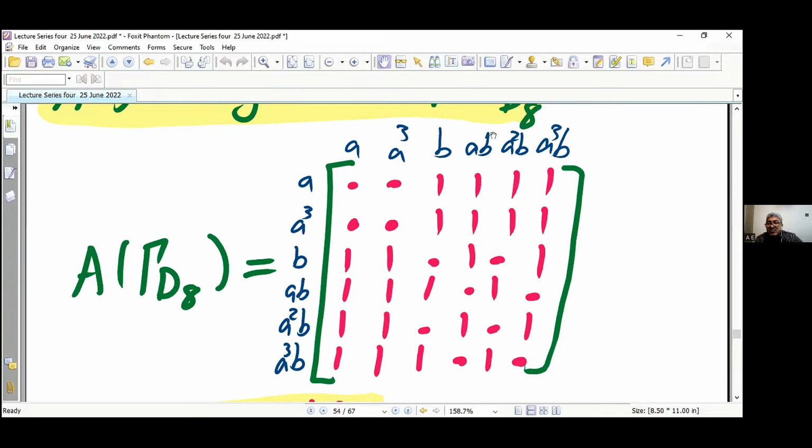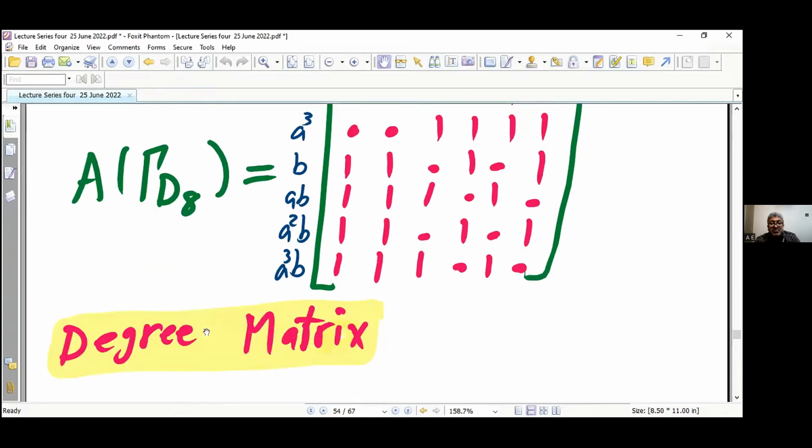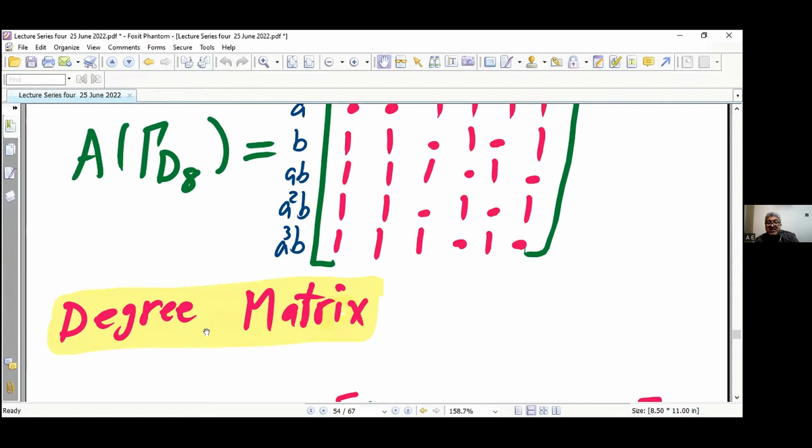A is adjacent to A square B, we also have 1. A is adjacent to A cube B, we have also 1. And you can see that's all the entries of the adjacency matrix. So how about the degree matrix?